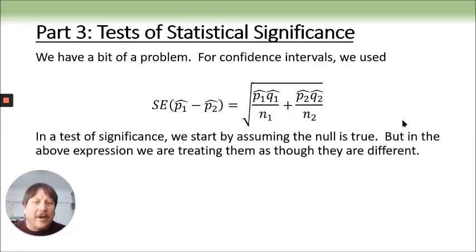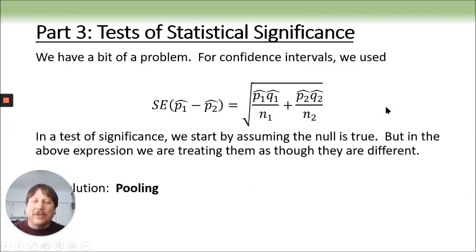Because when we're trying to find a p-value, we are making the assumption that the proportions are the same. And how can we make the assumption that these guys are equal to each other and then have a standard deviation for a difference that, we can't be using two different values if we're saying they're the same?